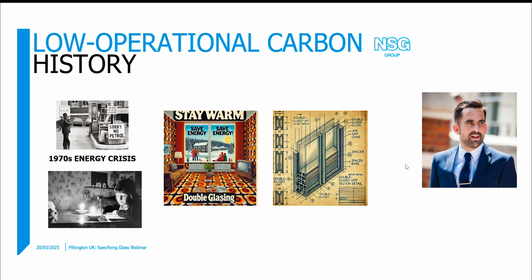If we go back to the 1970s, the energy crisis, we saw a challenge that sparked a major shift in the glazing industry. At that time, rising energy costs pushed homeowners to find ways to reduce their heating bills. One of the key solutions adopted at that time was double glazing technology.